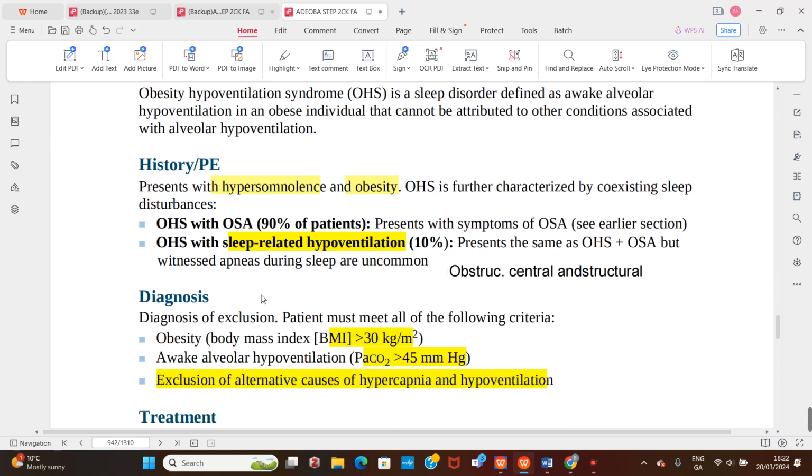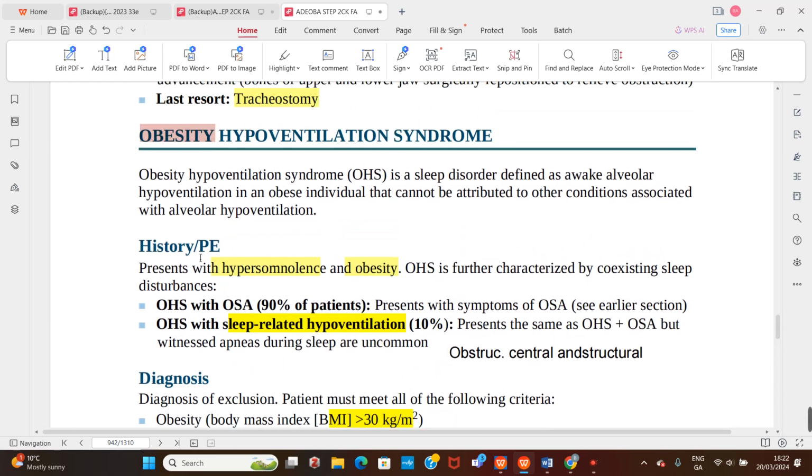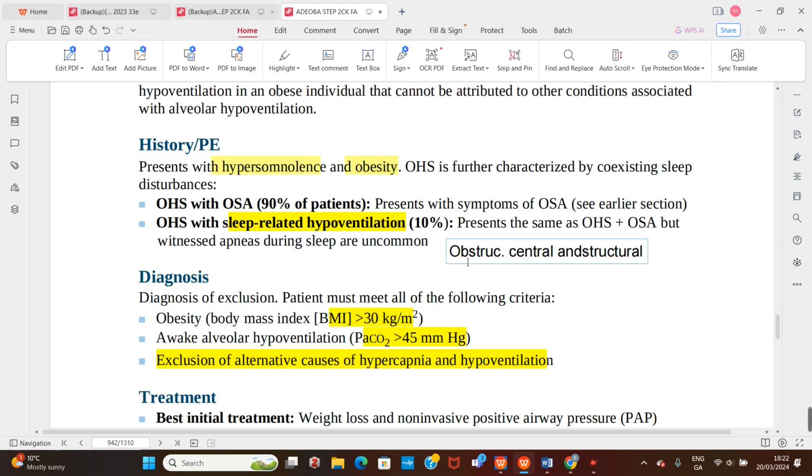So let me just walk us through the pathophysiology. We need to know that it's divided into 3 levels: the structural, the central, and the obstructive component. Of course, the obstructive component is very straightforward. They are having obesity.